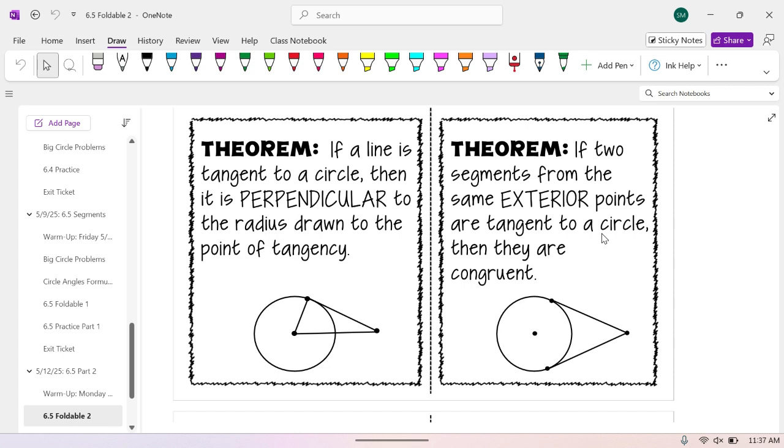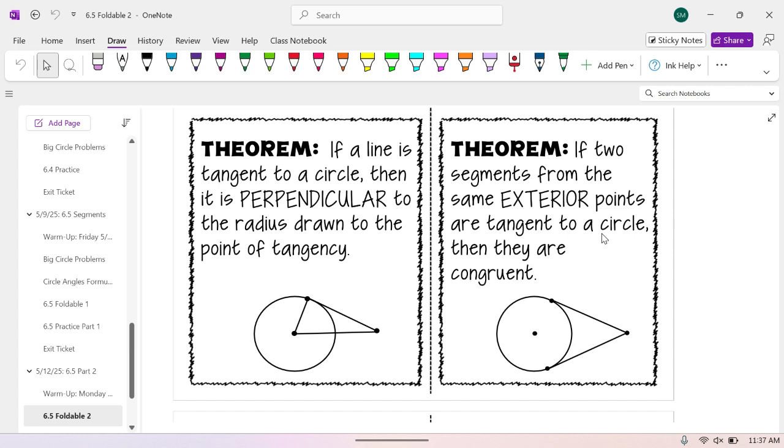Right, the radius bisects the chord. So that means it cuts it into two equal pieces. It also does what? It doesn't just bisect the chord, it bisects the arc. The arc also bisects. All right. So those are the three that we talked about on Friday of last week, just as a quick recap. Now we're going to do some more today.